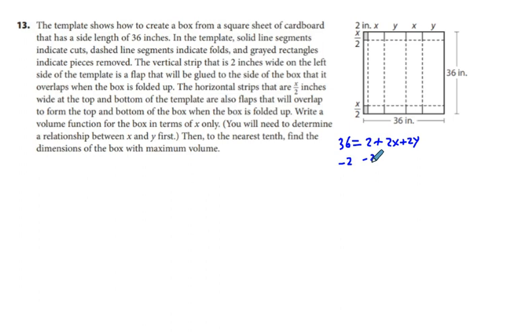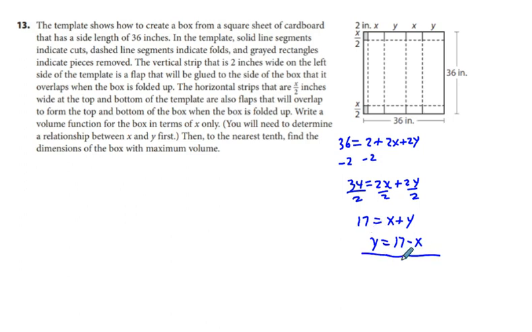Subtract 2, so 34 equals 2x plus 2y. If we divide everything by 2, we have 17 equals x plus y. So y is equal to 17 minus x.